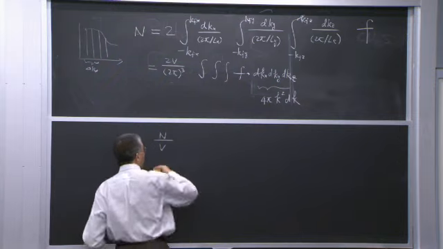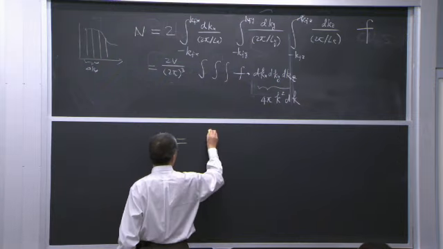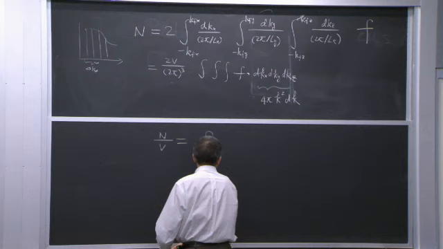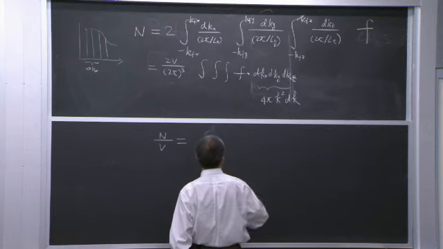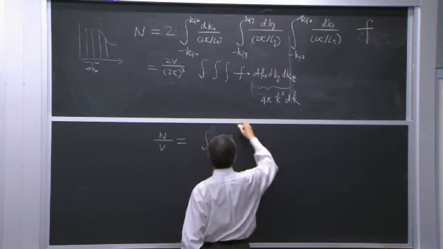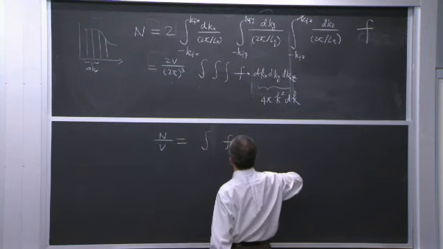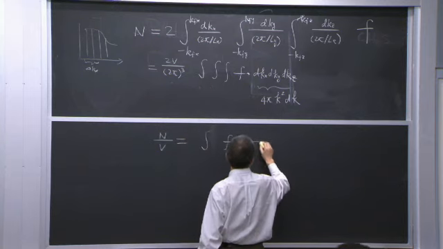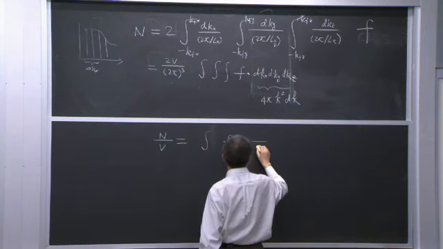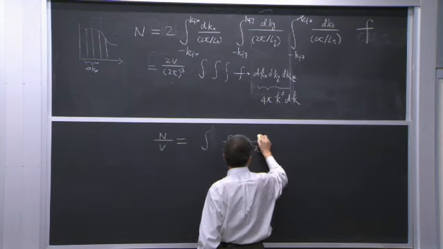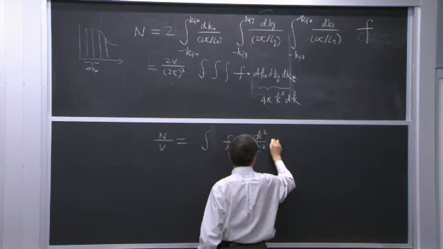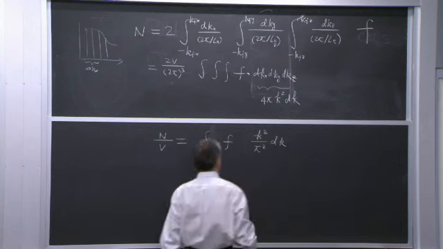So here N over V is the integration, and the f here I combine whatever is all inside into, you can say, I have pi squared k squared dk, right?